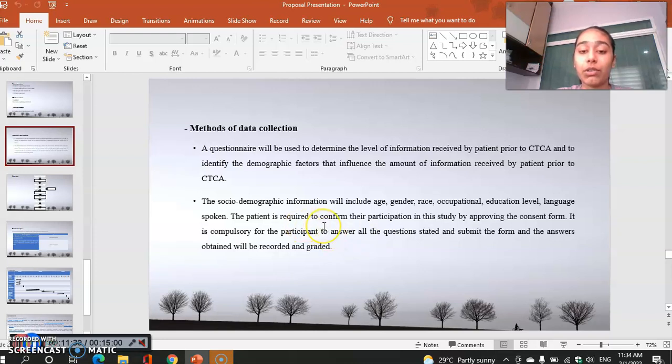The patient is required to confirm their participation in the study by approving the consent form. It is compulsory for the patient to answer all the questions stated and submit the form, and the answers obtained will be recorded and graded as well.